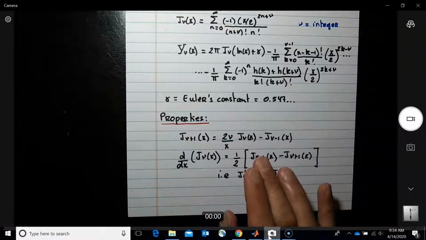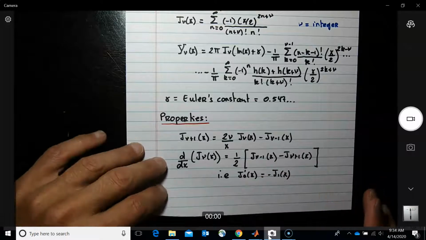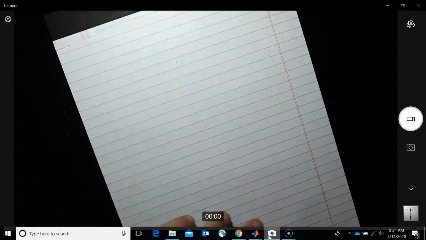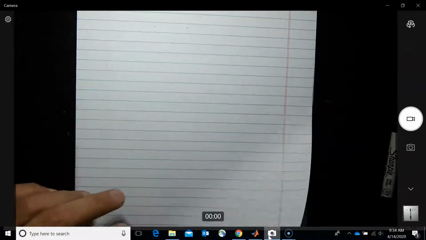So I'll show you a little bit in advance what the next topic is, which will be the modified Bessel functions.